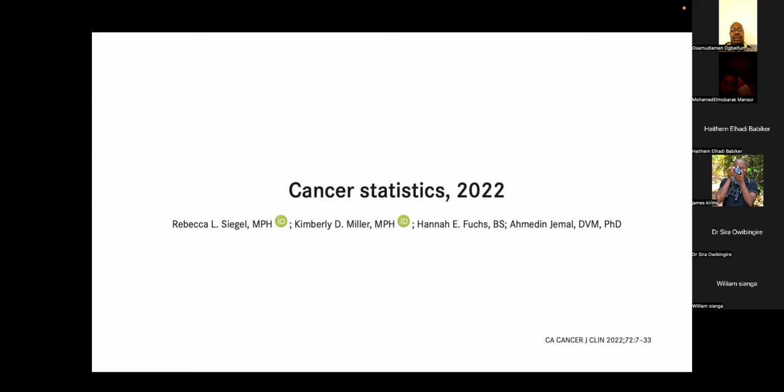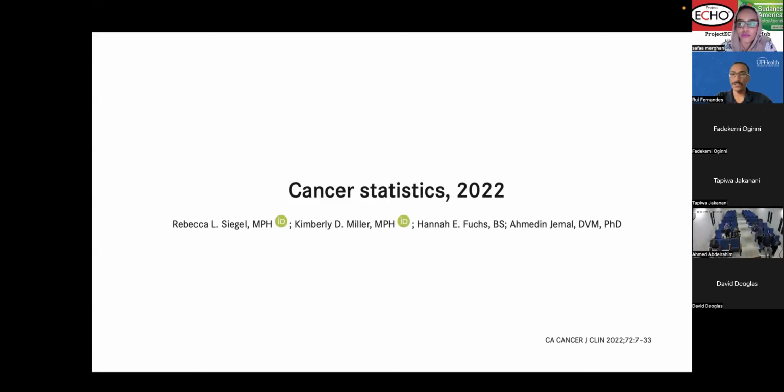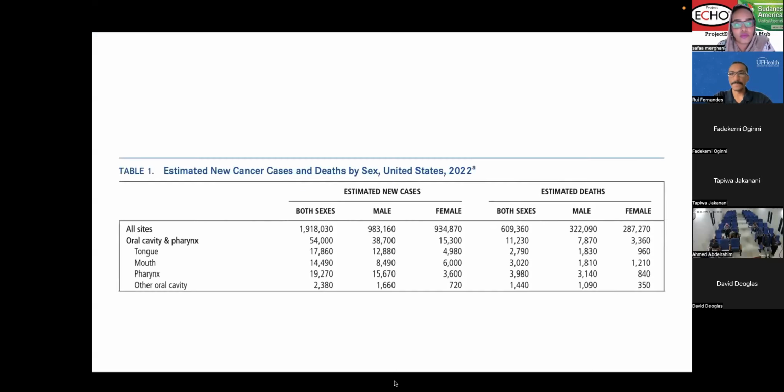If you look at the cancer statistics for 2022, obviously in retrospect for the previous data, you can see that oral cavity cancer in particular is not a very high burden in the United States. It does account for nearly 54,000 cases per year.